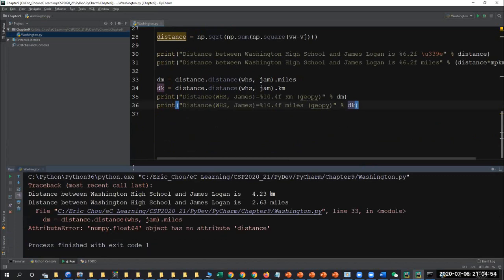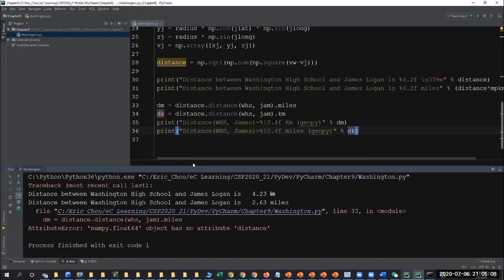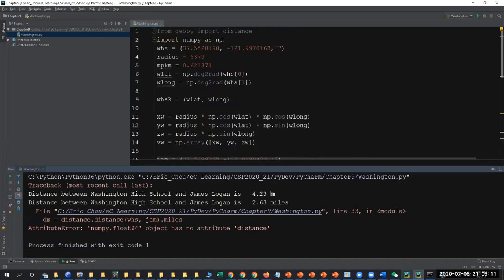NumPy has no distance. Which one's wrong? So it's not actually distance. Let's do it from GeoPy. Let's do this one, okay? Import GeoPy.distance as GD, okay?